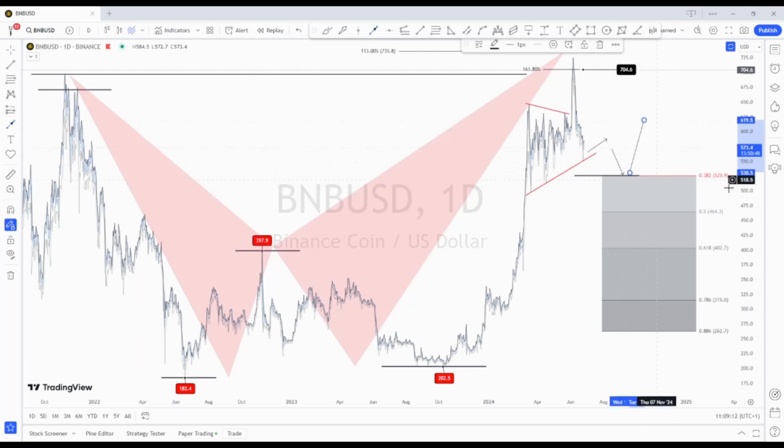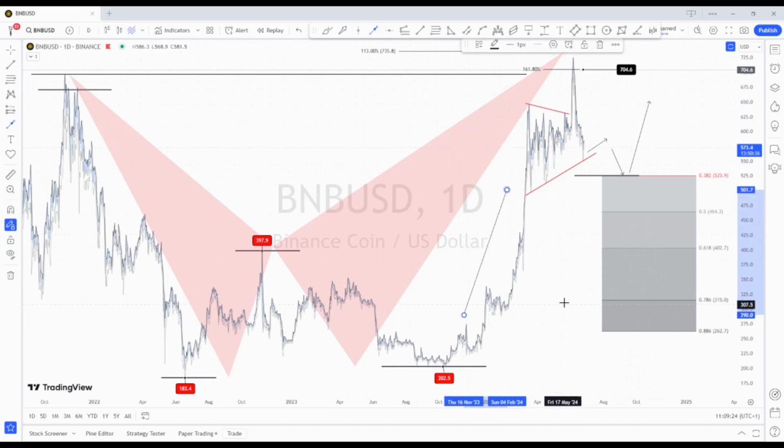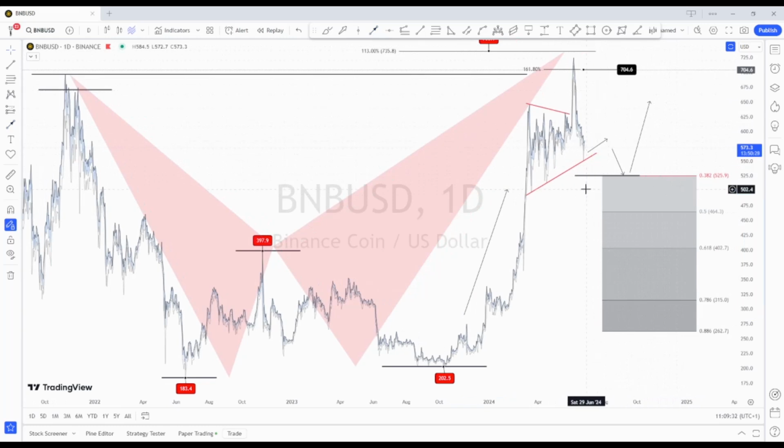If the market finds support near this 38% Fibonacci level, that's a sign of potential strong momentum to the upside, basically in the direction of the previous swing high. So the market needs to find some support in order to trigger more momentum.